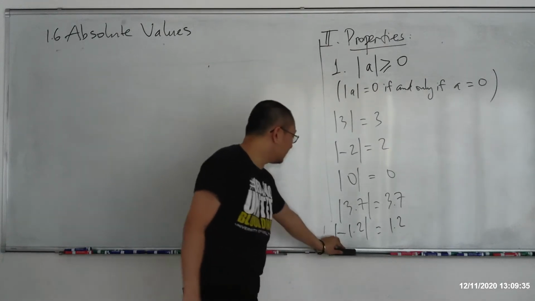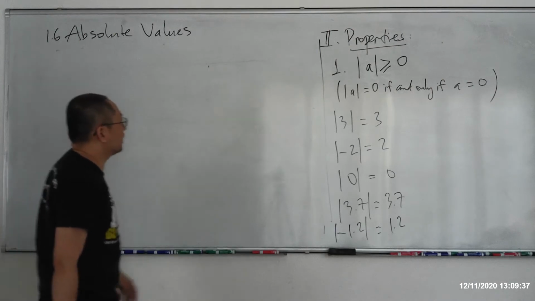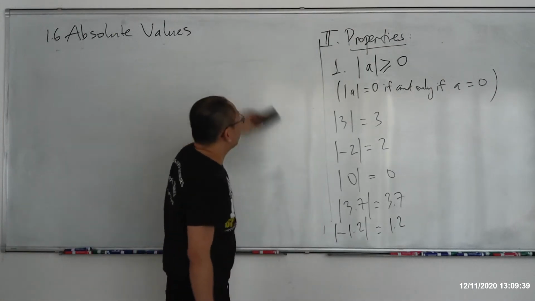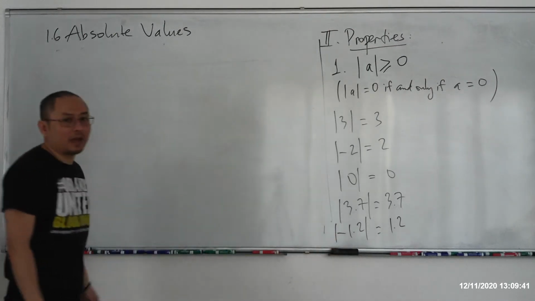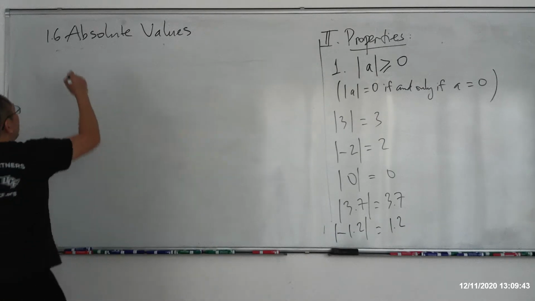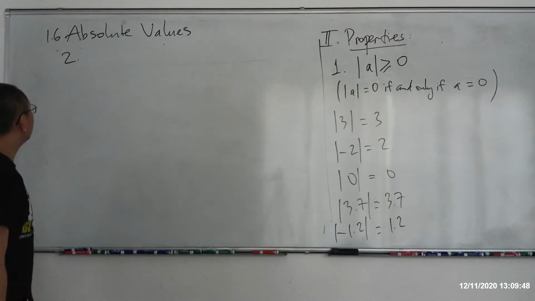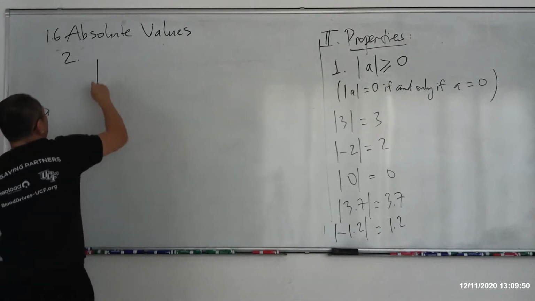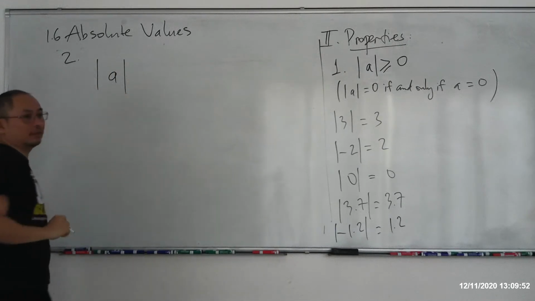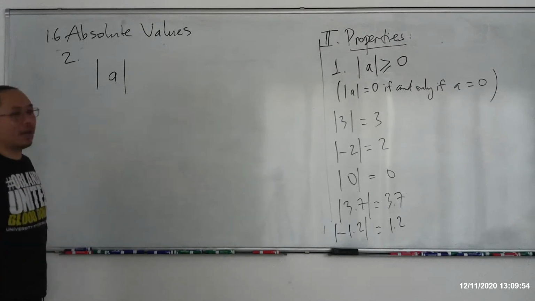Now, we're going to talk about another property of absolute value, property number 2. We have the absolute value of A, and we have 2 cases for A in here.